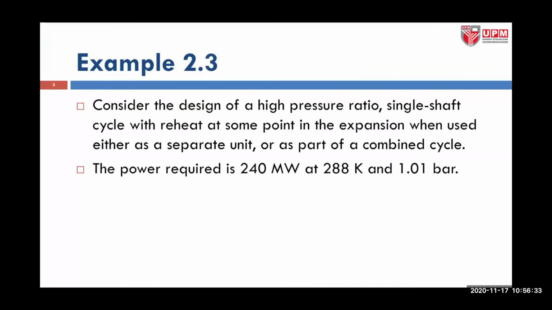We have looked into the heat exchange cycle and then the power turbine cycle. Now we consider the design of a higher pressure ratio, single shaft cycle with reheat at some point in the expansion, when used either as a separate unit or as a part of a combined cycle.